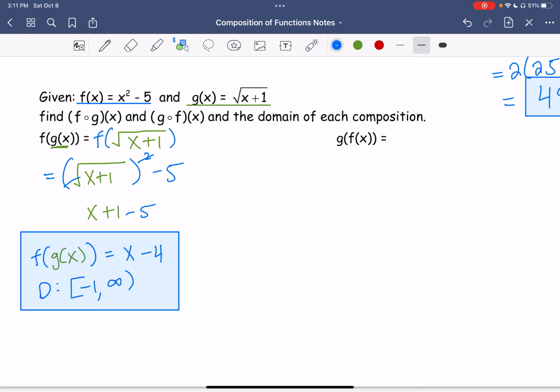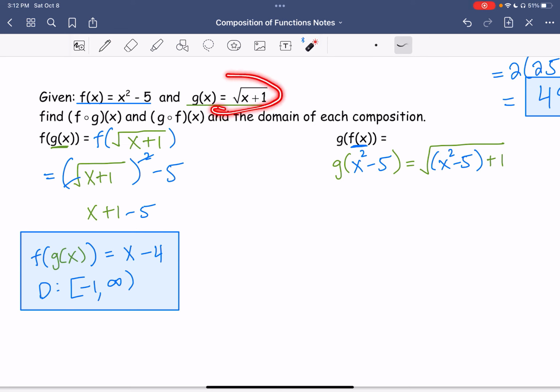Okay, for the next one, we're going to find g of f of x. So we're going to be plugging f of x in the middle. So we have g of f of x, which is x squared minus 5. And that's what we're going to plug into g. So it'll be the square root of x squared minus 5 plus 1.